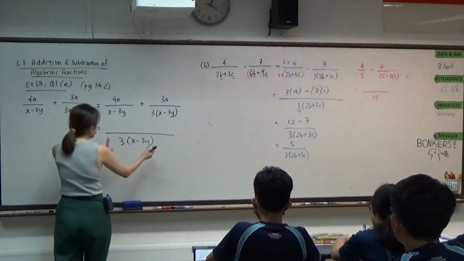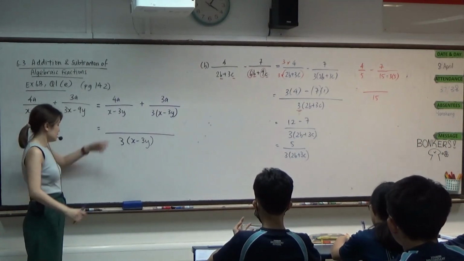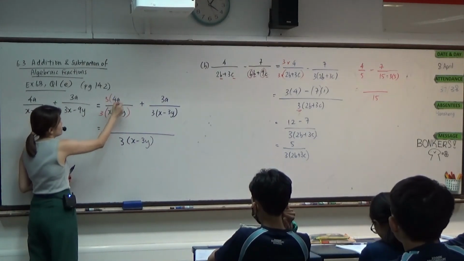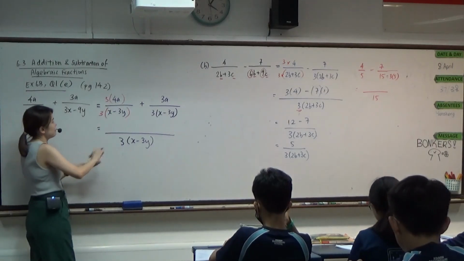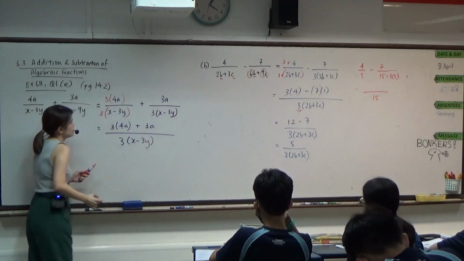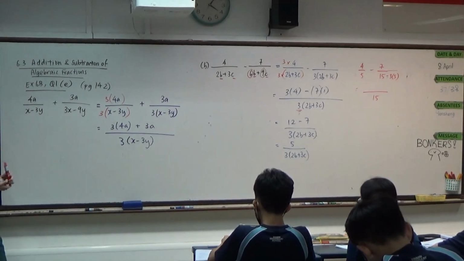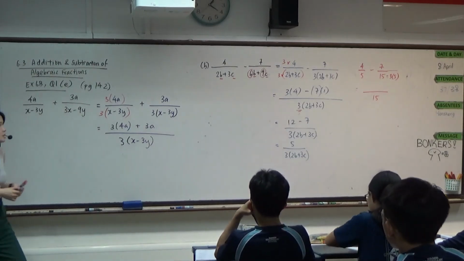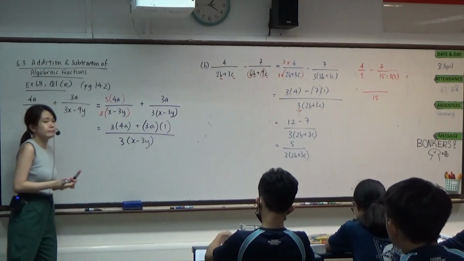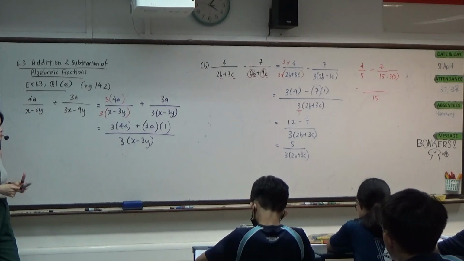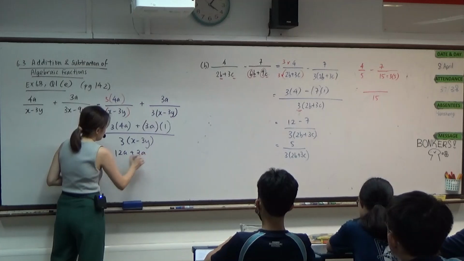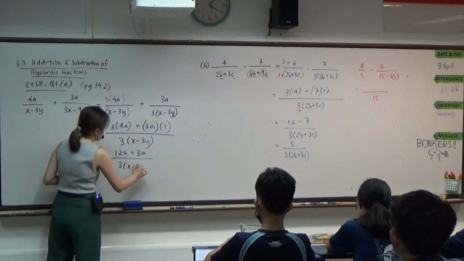So if I'm trying to go for 3 times (x minus 3y), it means that over here I need to multiply by 3. So I will have 3 bracket 4a plus 3a. Over here actually I multiply by 1. So upon expansion, 12a plus 3a over 3 times (x minus 3y).